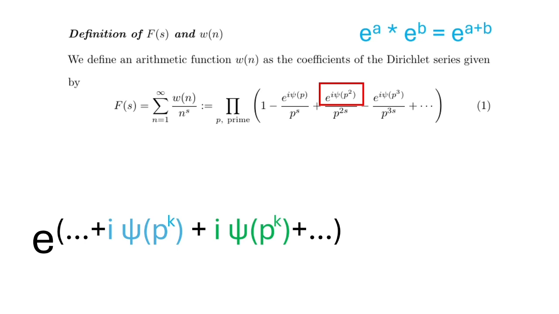The blue came from one term. The green came from another term. We've added them up. And the imaginary number i can be divided out, and you get e to the i times the sum of the psi functions for each p to the k over whatever values of p to the k make up the prime factorization of n.